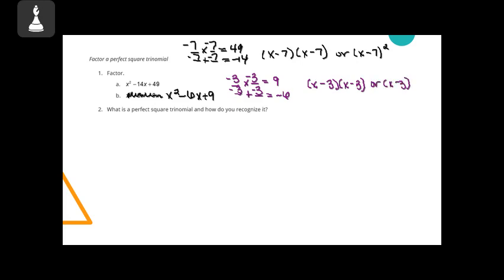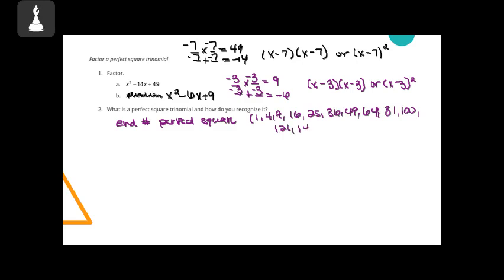So how are you going to recognize these if you recognize them? Well, the dead giveaway is that end number has to be a perfect square. So remember, 1, 4, 9, 16, 25, 36, 49, 64, 81, 100, 121, 144, and so on are all perfect squares.